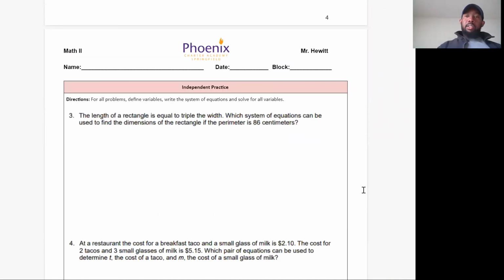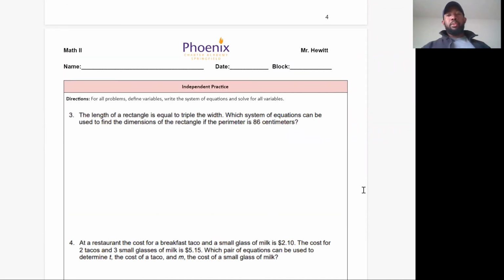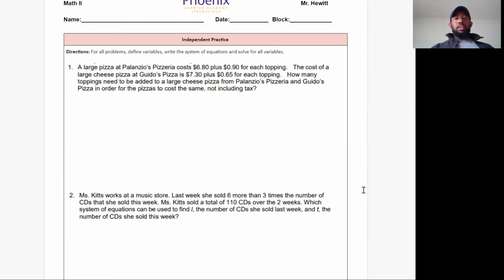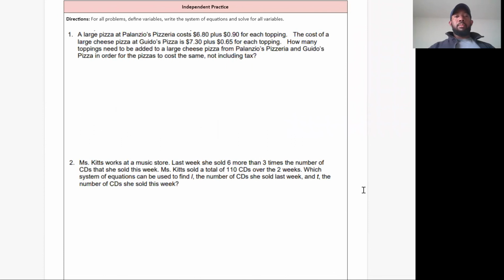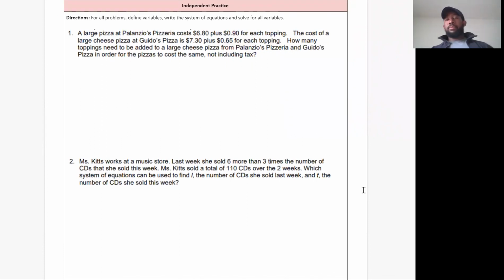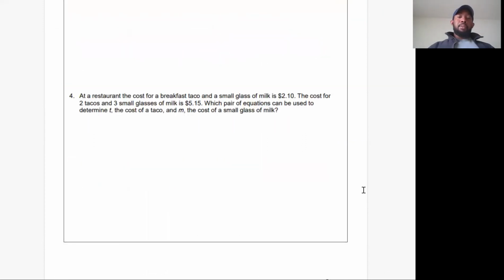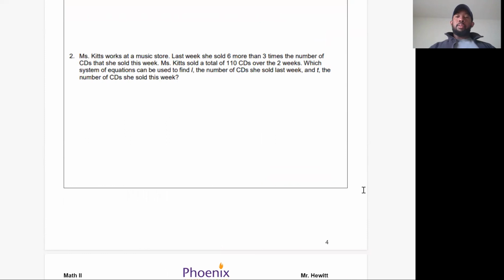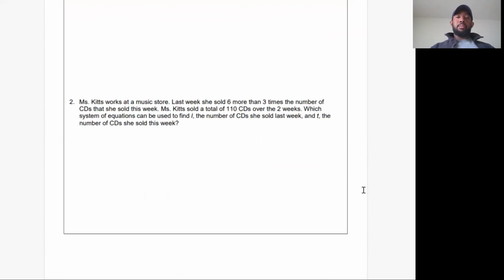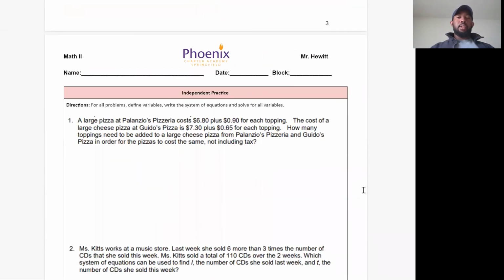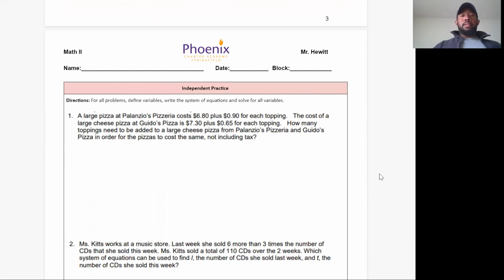So your independent practice for today has 4 total problems, and these are all systems of equations word problems, and you should follow this 3-step process to solve these equations, okay? Remember, you have a mini QPA number 2 coming up on Wednesday. That will be similar to these types of questions.